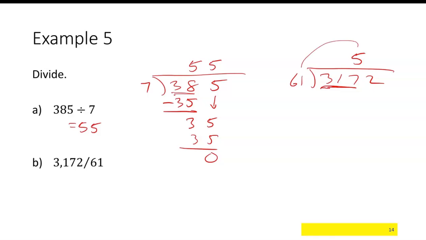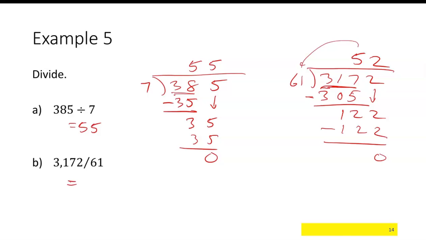And then I multiply: 5 times 1 is 5, 5 times 6 is 30. And now subtract. So 7 minus 5 is 2, 1 minus 0 is 1, 3 minus 3 is 0. Then I bring down the 2. 61 goes into 122 twice. Nothing left over. So 3,172 divided by 61 is 52.